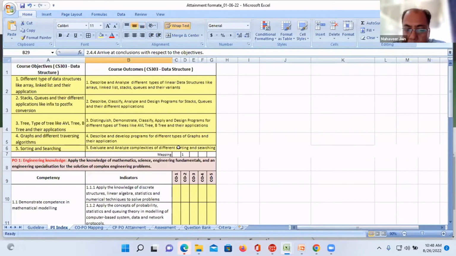Now the first thing is I need to map my CO with PO and PSO. All the time when we are teaching any course, we need to give the CO-PO mapping and the CO-PSO mapping. Am I right? So in this sheet, I am going to relate the mapping of CO-PO and CO-PSO.